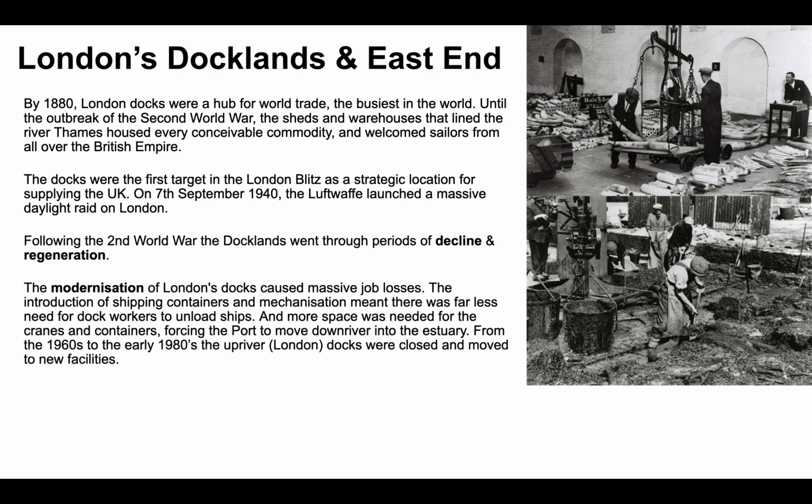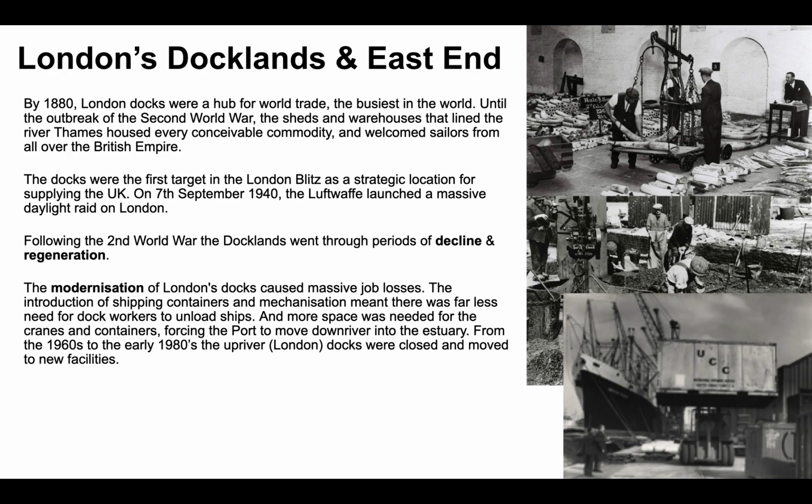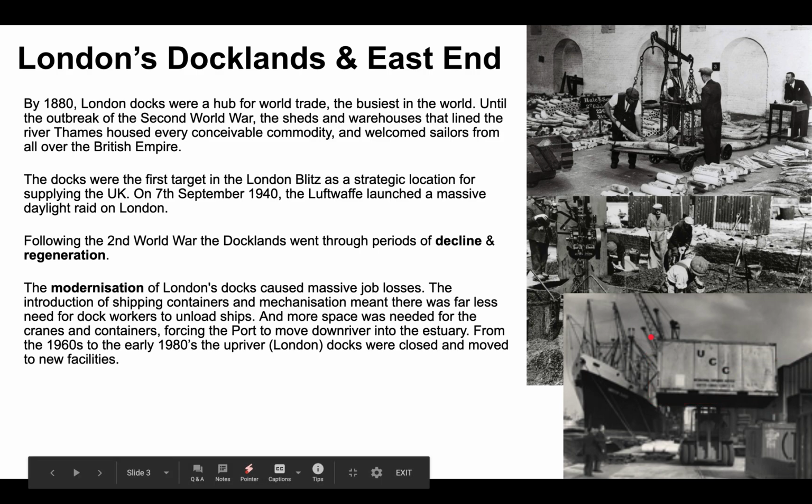After the Second World War, though, the Docklands went through a period of decline and regeneration. The decline is pretty much the same thing that happened in the Industrial Revolution, but at a later scale. The modernisation that we've previously said led to a decline in agriculture is now starting to hit the trades in the cities. And the modernisation of the docks in particular involves these perfectly rectangular boxes.